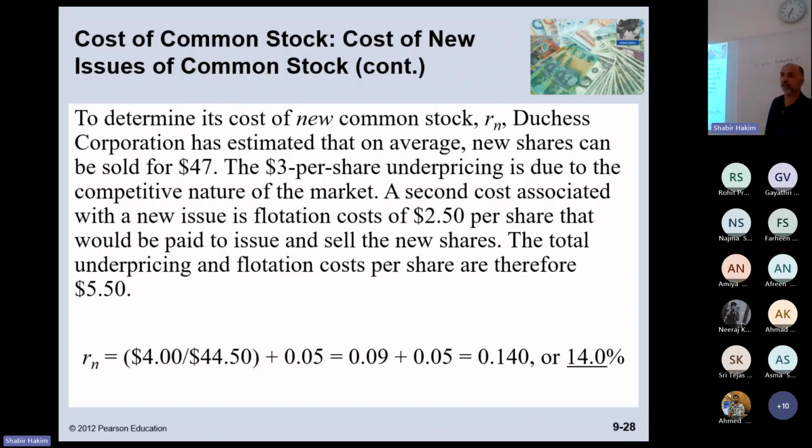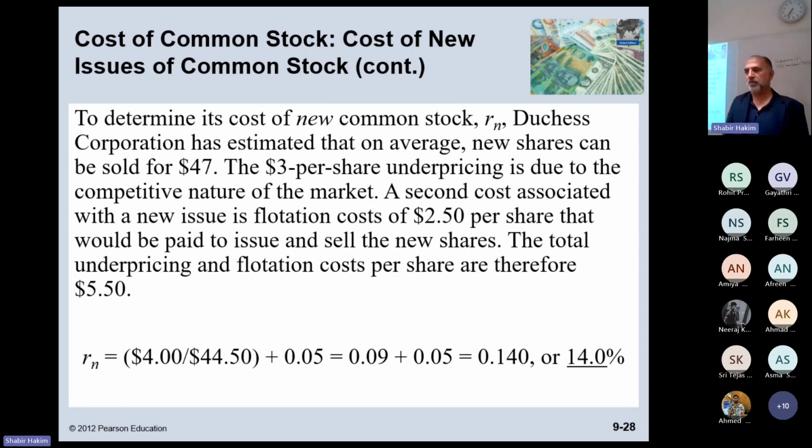Means new shares cannot be sold for 50, they will be sold for 47, right? So the selling price of new shares is $47 per share. Then we have flotation cost, which is $2.5 per share.